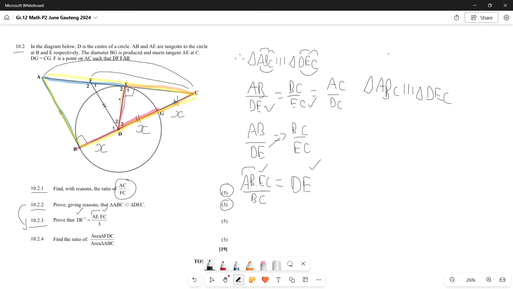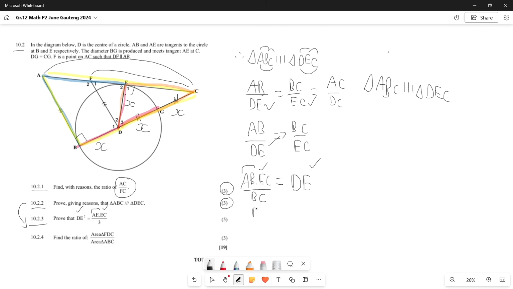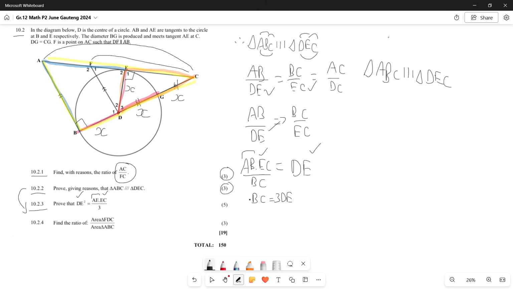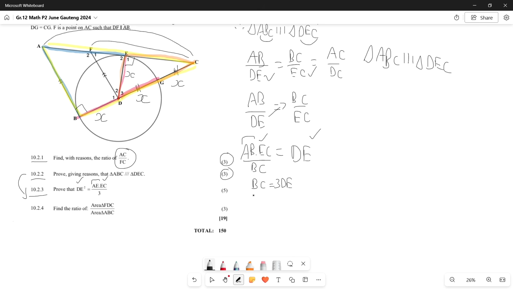If we're looking at DE over here, it's also a red line, and it also equals x over there, because it is a radii, just like this radii and this radii over there, which means all we have to do is write that BC equals 3DE, because we can see here that BC is x plus x plus x, and DE equals x over there, and therefore 3 times x, 3 times DE will equal BC, which means we can just go ahead and substitute that in.